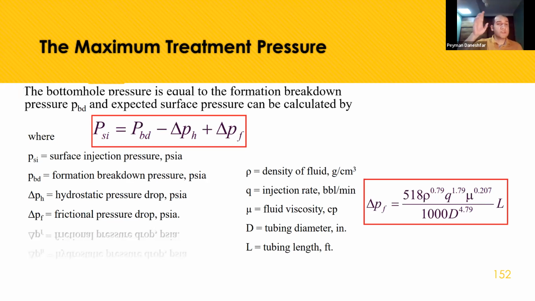It depends on the in-situ stresses explained in the first slides. So with this formula, we can find the maximum treatment pressure, and with this formula, which depends on density, injection rate, fluid viscosity, tubing diameter and tubing length, we can find the friction pressure.